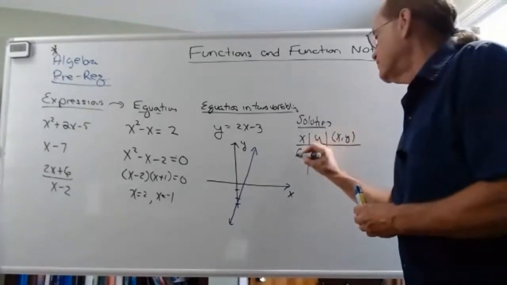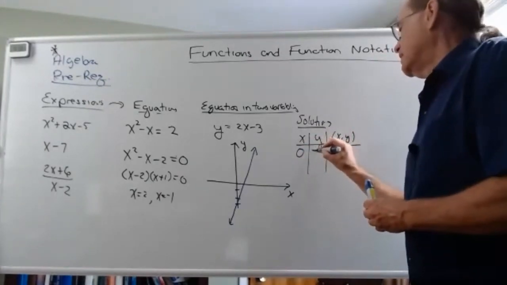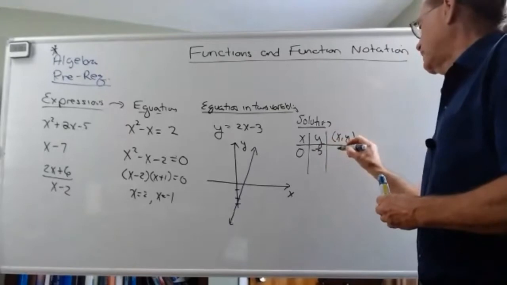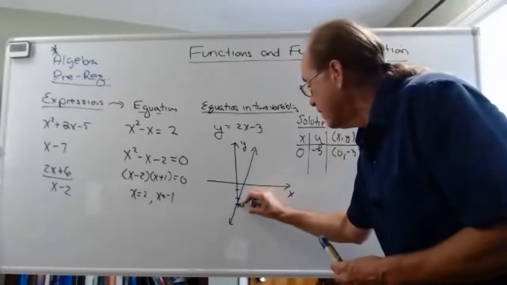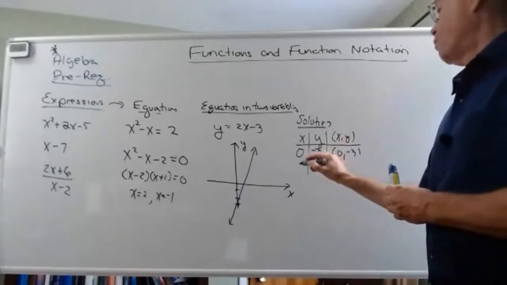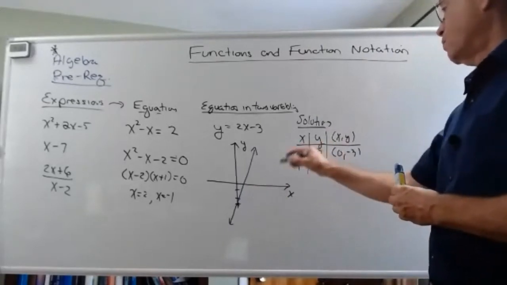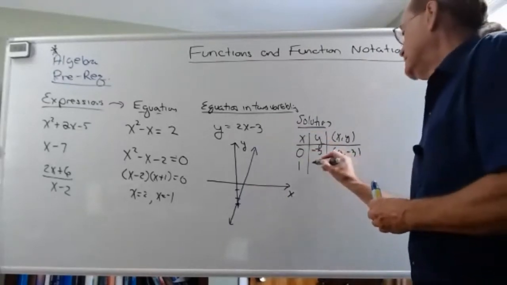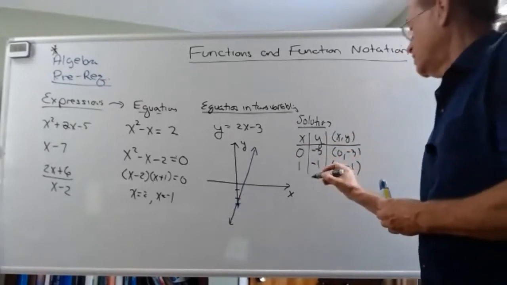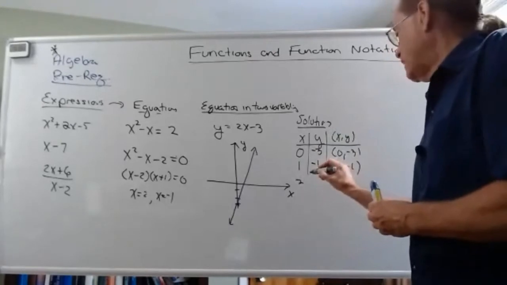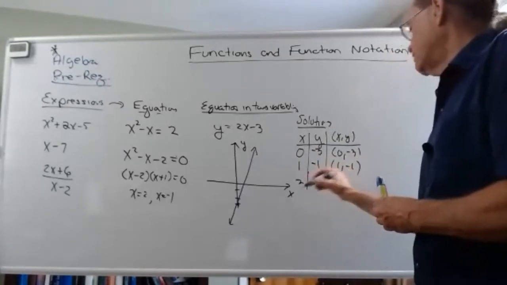And you could put various ones in, 0, and then you got -3 out for that case. So that was my ordered pair, 0 comma -3, which is this point right there. You might have put in 1 over here. So you put in 1, you get 2 minus 3 is -1. That's another ordered pair. You could put in 2. So you get 4 minus 3, and you get 1, 2 comma 1.